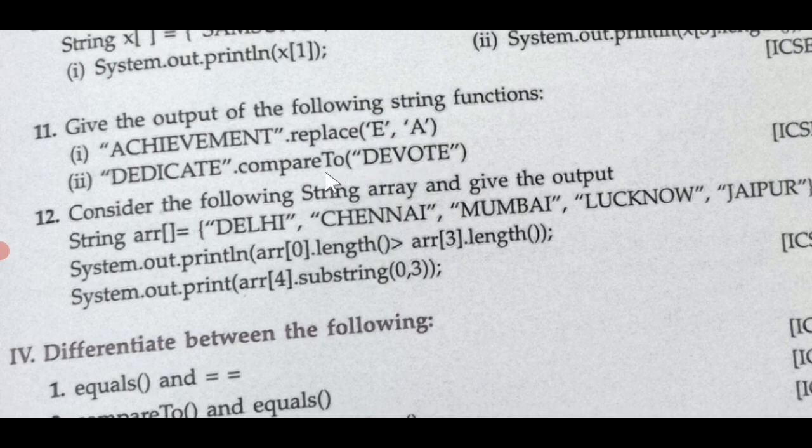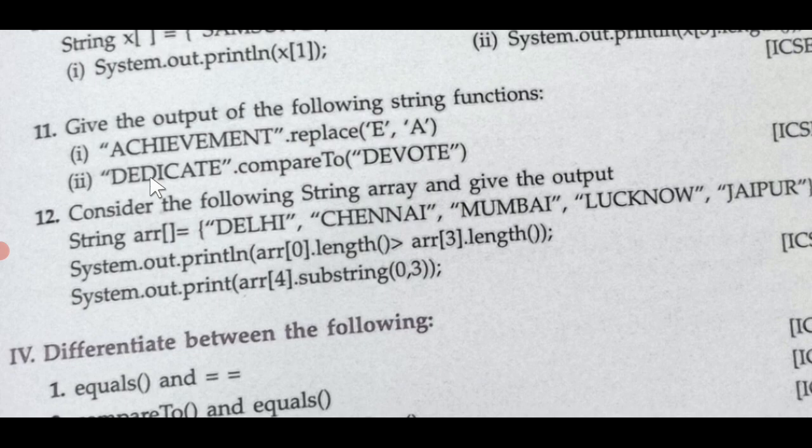So here you have to take out the ASCII value of D and the ASCII value of V, definitely D is the smaller one, so the value will be negative. So ASCII value of D is A B C D, that means 65 66 67 68, minus V, so capital Z is what, 90.